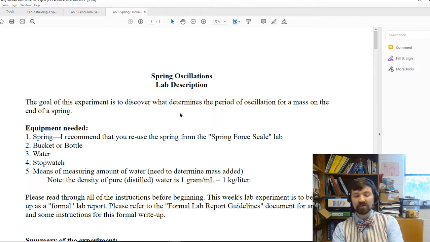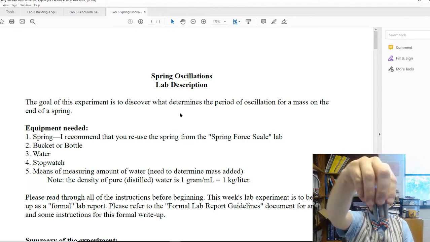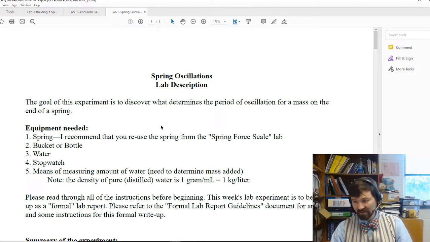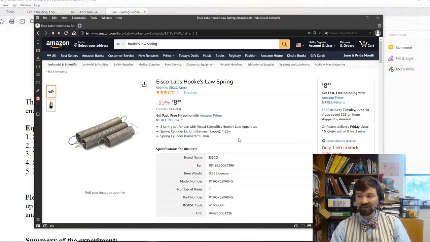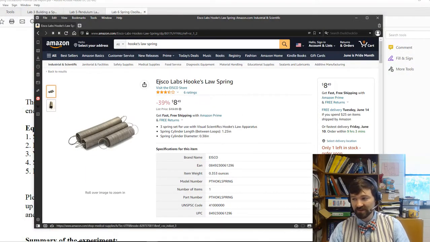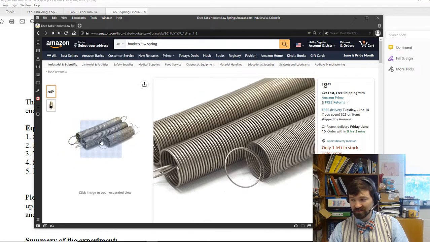Instead, I have a different set of springs that I obtained from online. This is actually 3 different springs. I'll even put up what I got and where. It's basically these, I guess this is called ISCO Labs Hooke's law spring, and it came as a set of 3 springs.